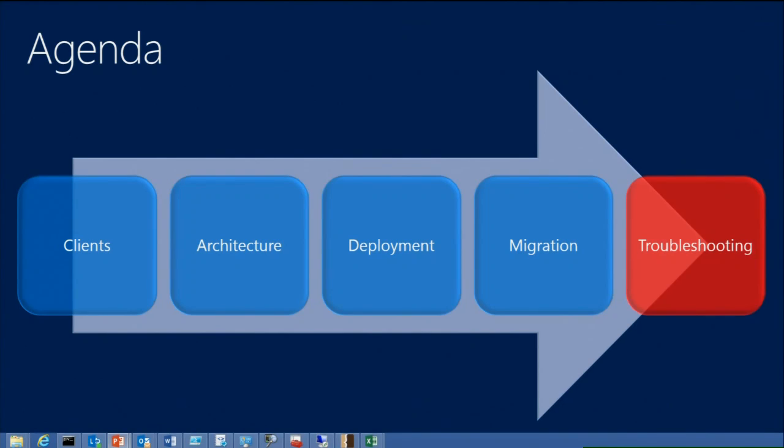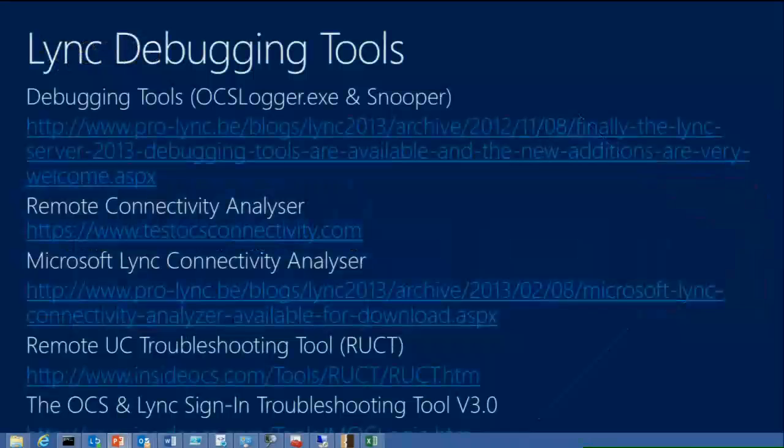Now, this is the last piece, troubleshooting. I assume everyone uses OCS Logger or has used it. It comes in the resource kit in 2010. On 2013, it's a different download. It's called debugging tools, so it's no longer in the resource kit.